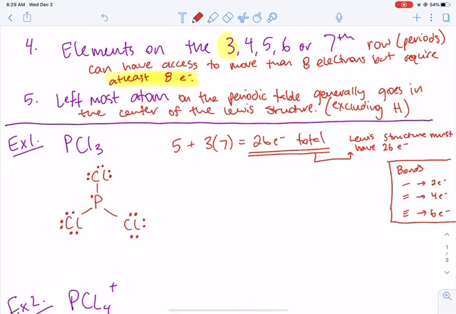And for the phosphorus, that means put a lone pair on it. Fine. So let's count how many electrons we have. We have 2, 4, 6, 8, 10, 12, 14, 16, 18, 20, 22, 24, 26. Well, that looks pretty good to me. So we have 26 total electrons. We didn't need to put any double bonds or anything because when we just lone paired everything up, it worked out. It was fine.